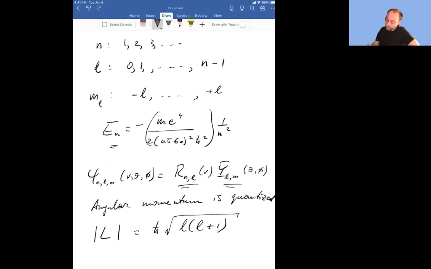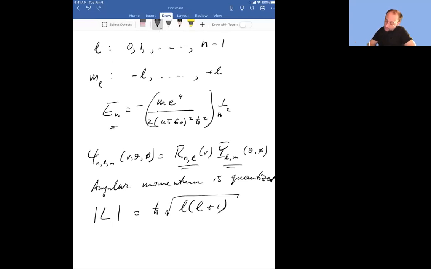If little l is 0, the magnitude of the angular momentum is just 0. If little l is 1, the magnitude is square root of 2 times h bar. If little l is 2, under the radical you have 2 times 3, that's 6. Then the magnitude of angular momentum is root 6 h bar.